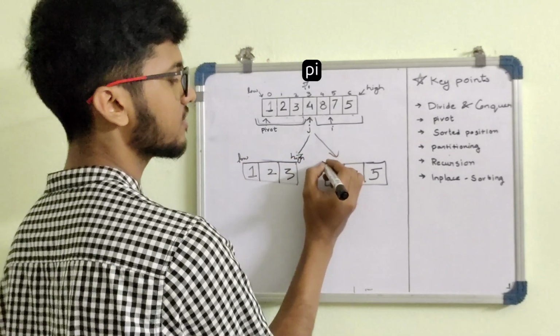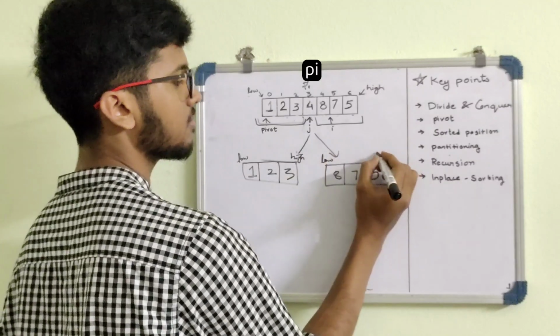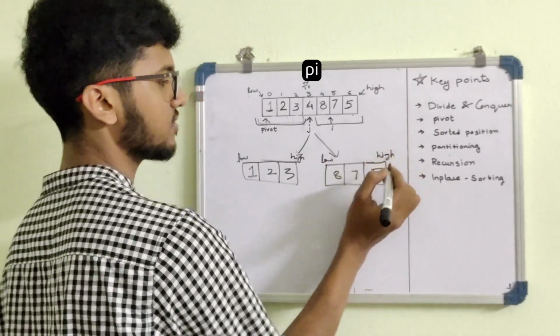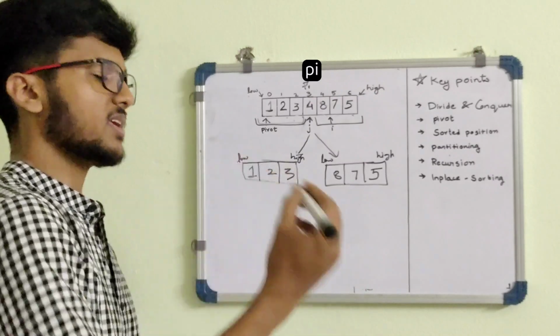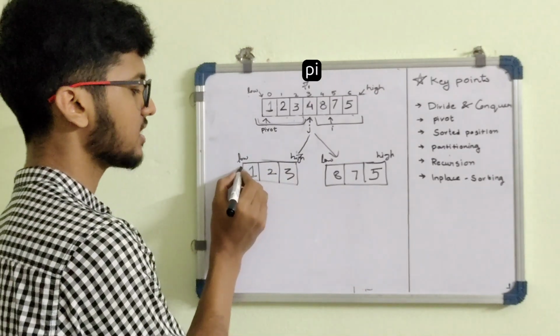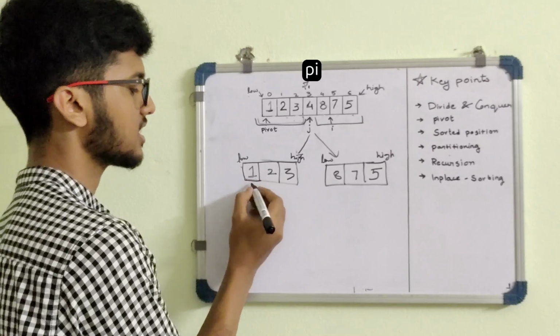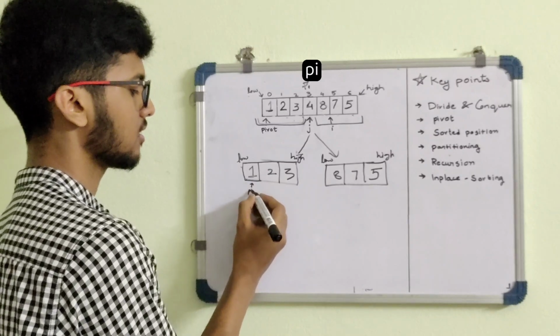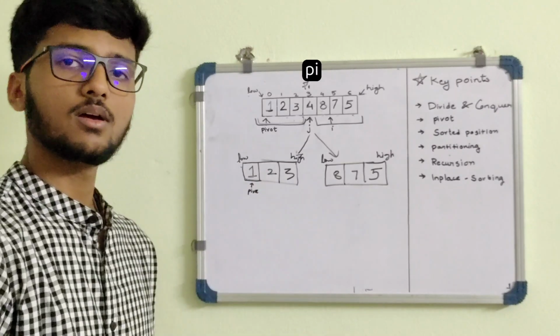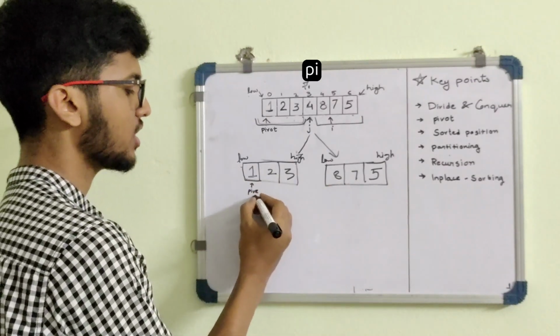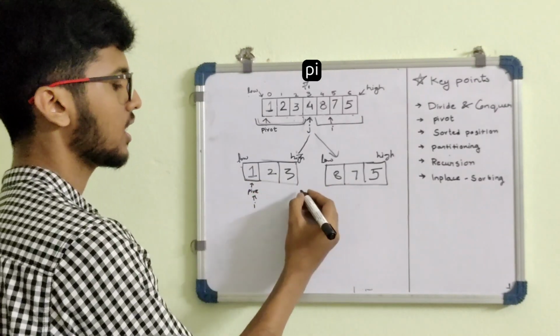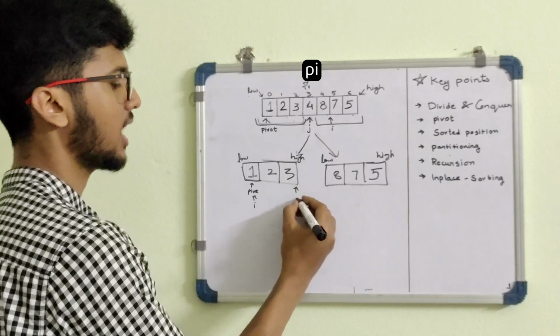And again the lower bound of this partition is this and the higher bound is this, that is the first and last elements of the partition. Now we are going to perform the same thing. Select a pivot element, the first element of this partition, and take 2 pointers, one pointing to low and the other pointing to high.